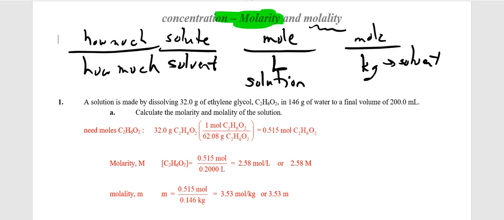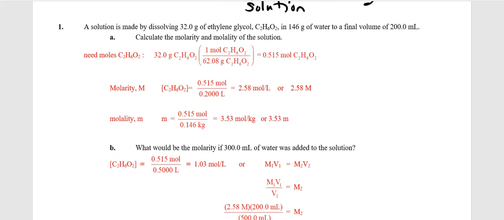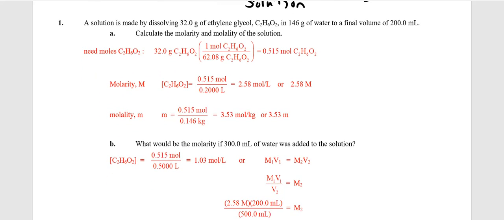I thought I would just give you a couple quick examples. One is right here, number one. I put 32 grams of ethylene glycol into a certain mass of water to a final volume of, yay. So if I ask you for the molarity and the molality of the solution, for molarity you need the mass of your ethylene glycol and your final volume.